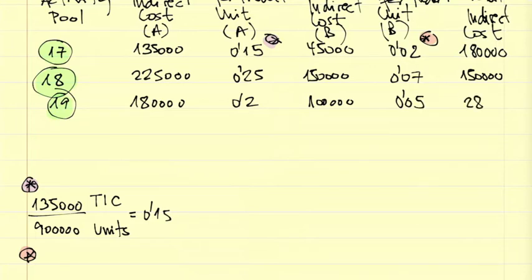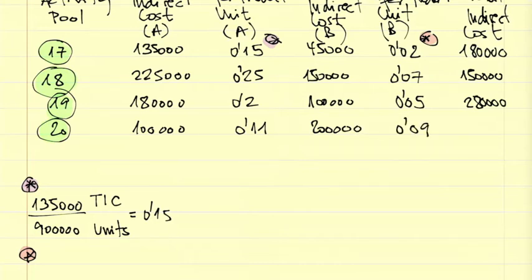This is 280,000. Number 20 is 100,000. 0.11, 200,000, 0.09, 300,000, and then number 21 is 230,000.